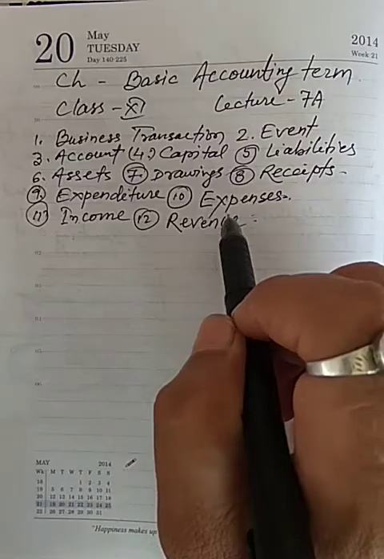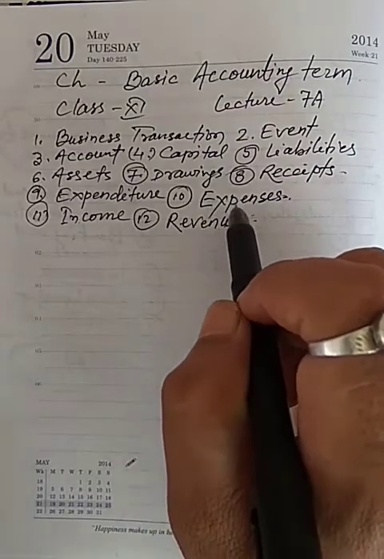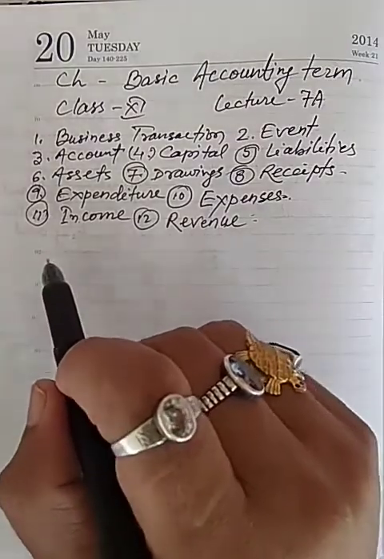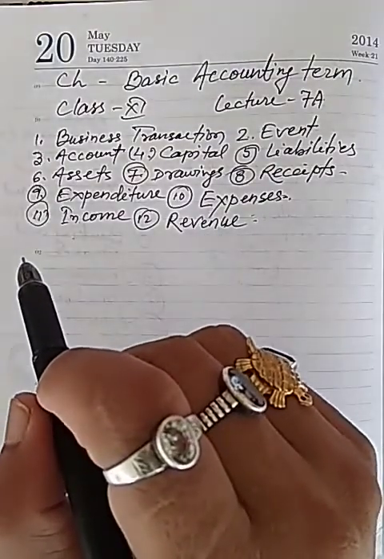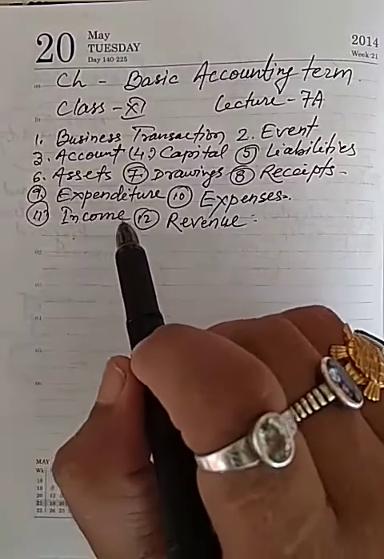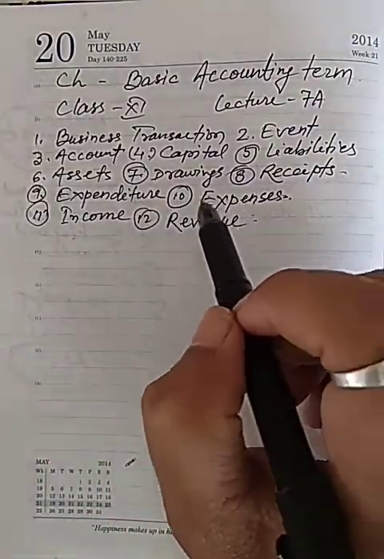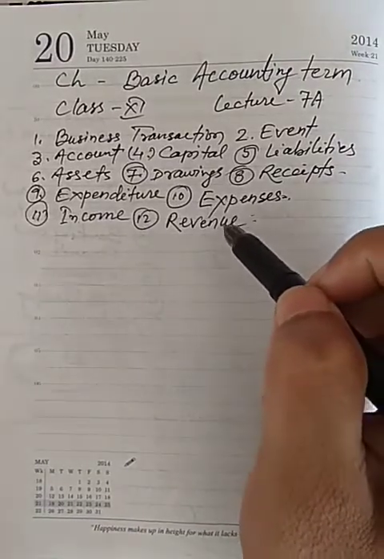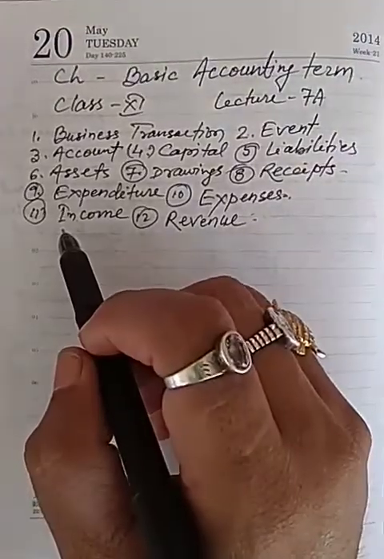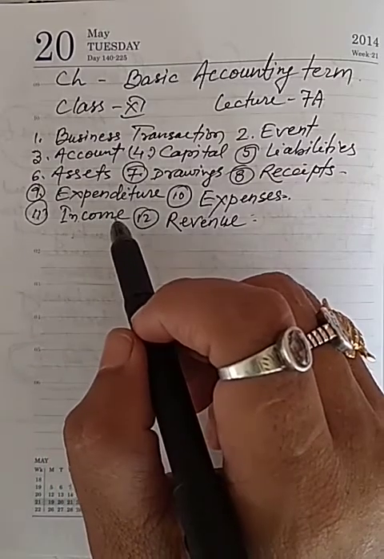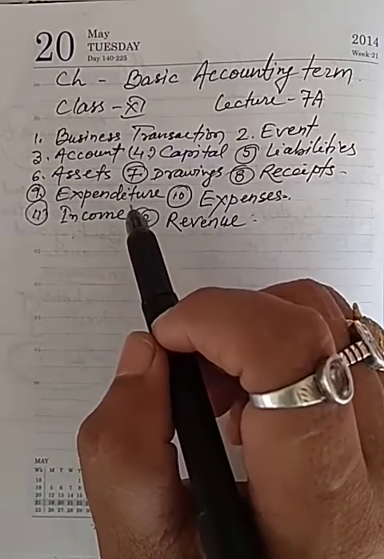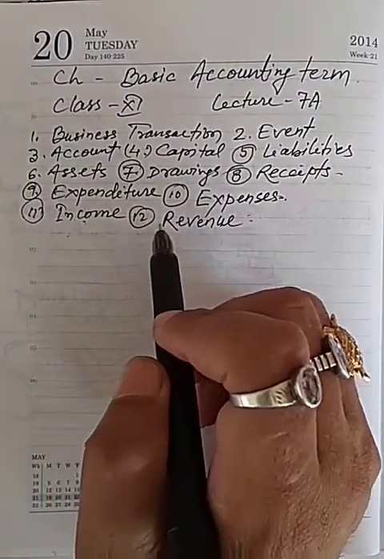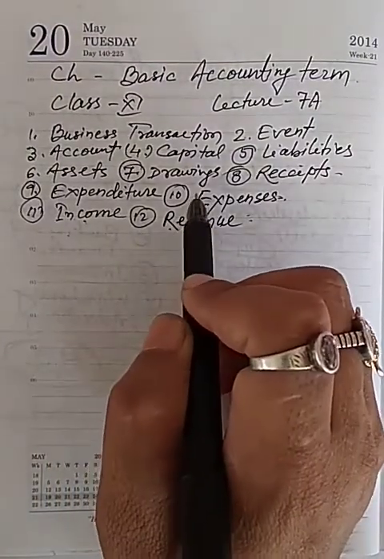So, revenue minus expenses equals income. 1 lakh therefore will be the income. The difference between the two, that is revenue and expenses, is called income. It can thus be expressed as income equals revenue minus expenses.